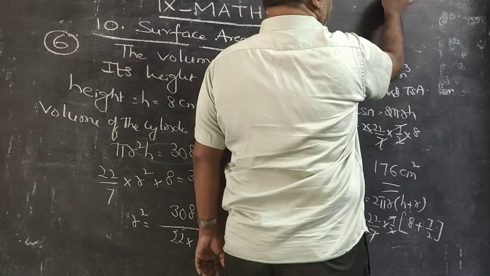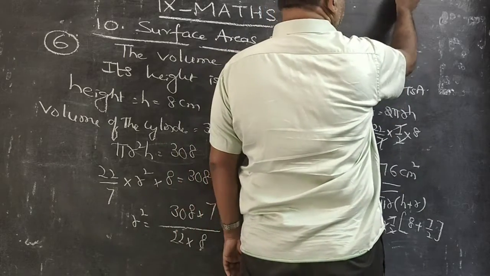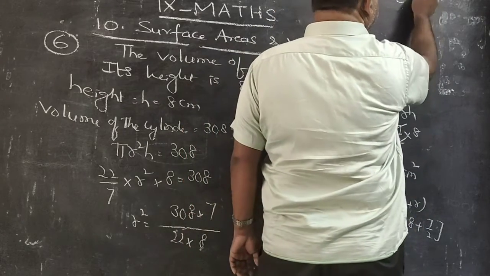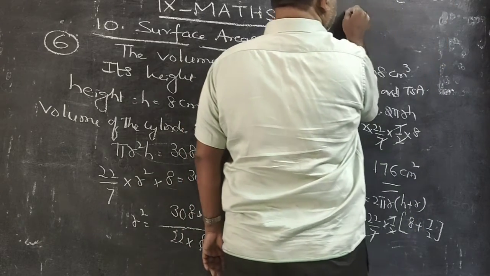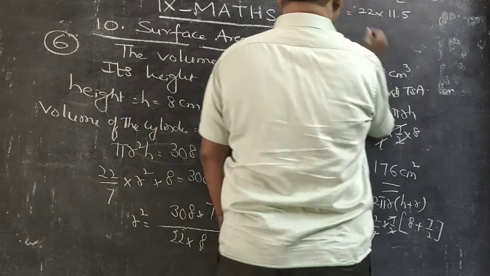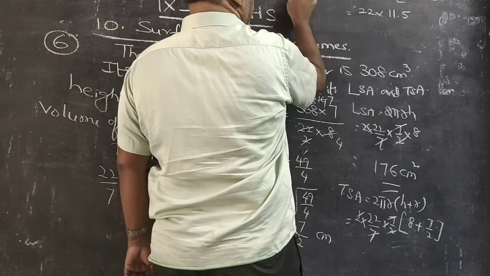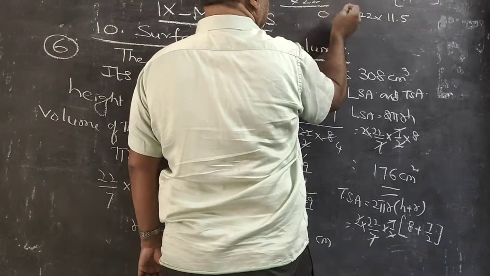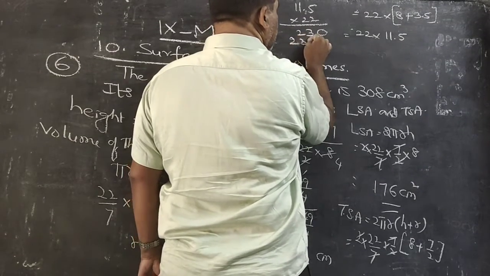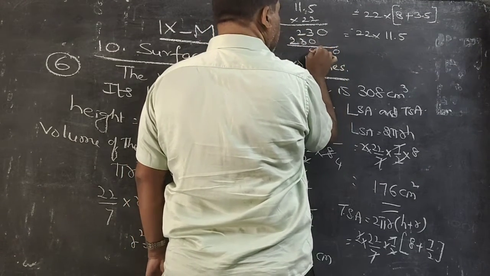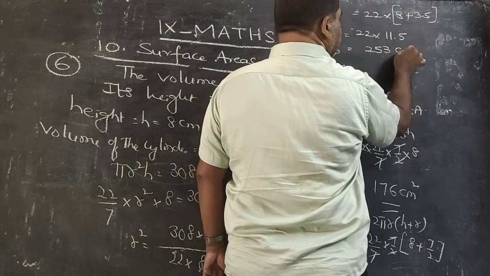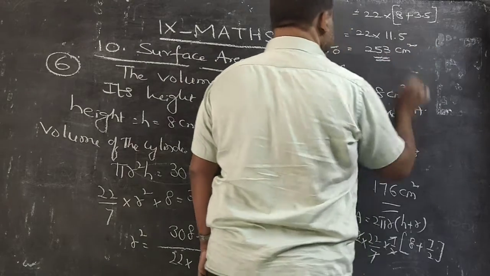Here we will get 22 into 8 plus 7 by 2, which is 3.5. 22 into 11.5. So 11.5 into 22 is 253 centimeters square. That is the total surface area.